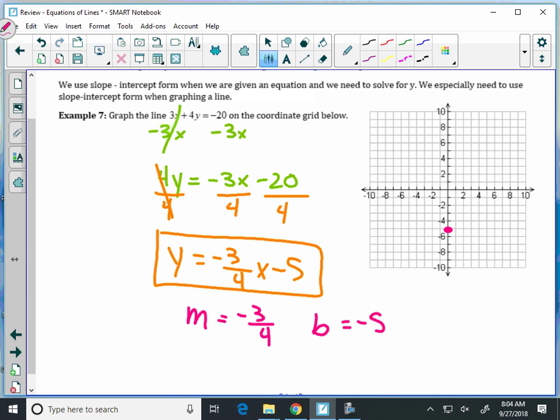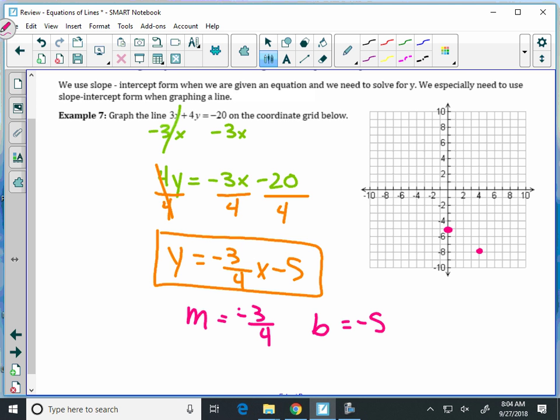And then you follow your slope. Our slope is negative 3 over 4. So when we have a negative number in the top, which direction are we going to go? Cassidy? Down. We're going to go down 3. The 4 is positive, so which direction are we going to go? Right.